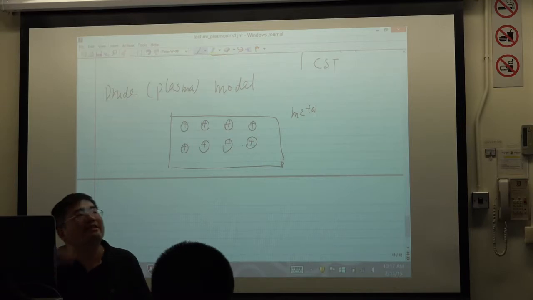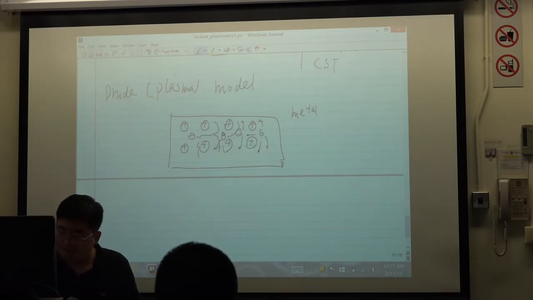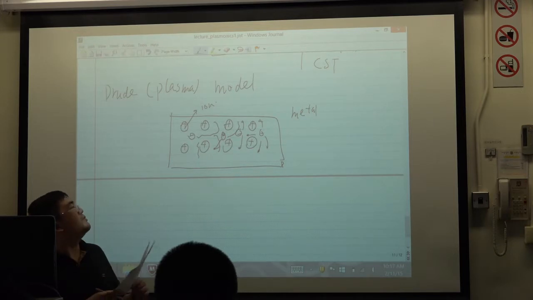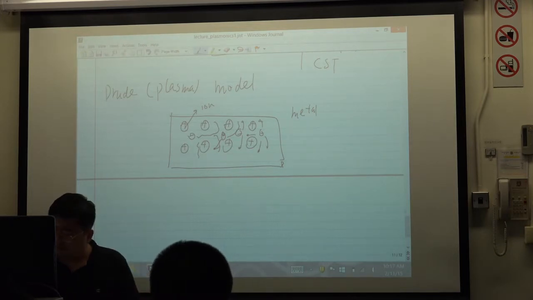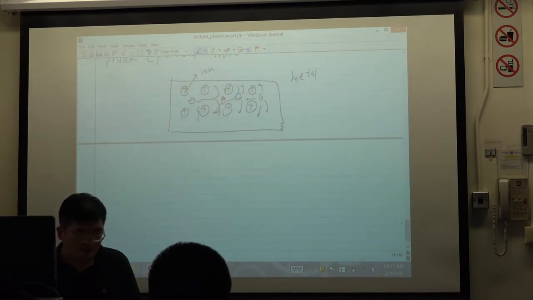It does not move because it's heavy. The electrons move freely everywhere; they call it free electrons. The ions are steady. This is the physical picture of the plasma model or Drude model. It's very simple, not difficult.